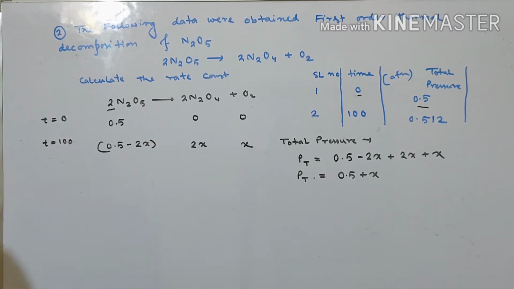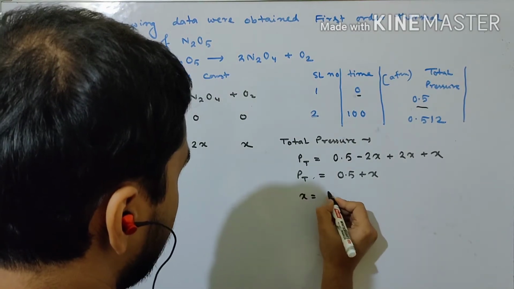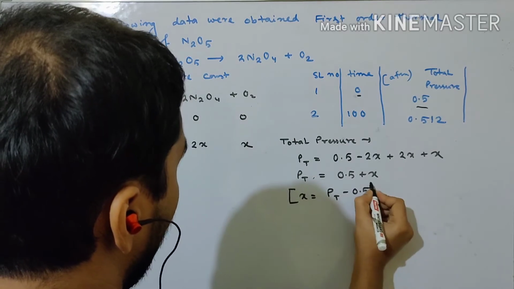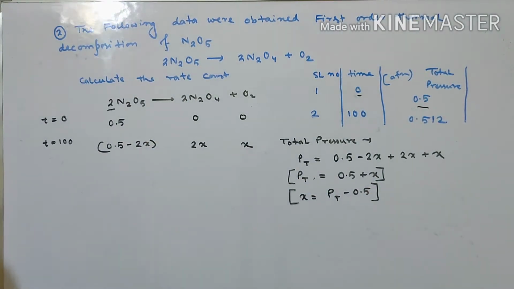So we are getting 0.5 plus x as the total pressure. Now, if I want to find out the value of x, it obviously becomes Pt minus 0.5. So both of these are important. Okay now? So these are already calculated.